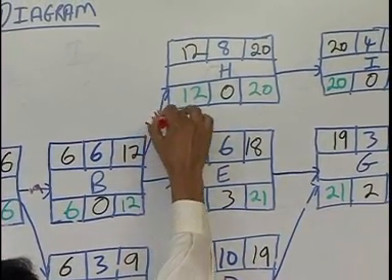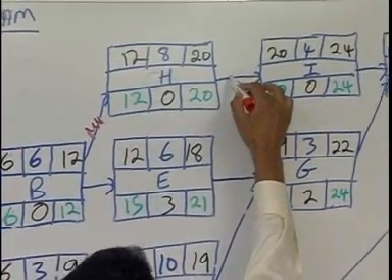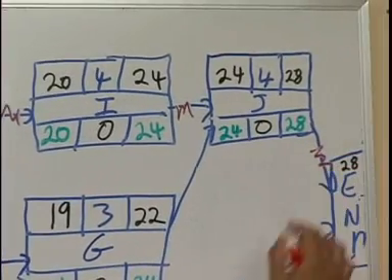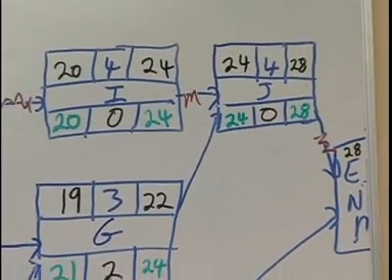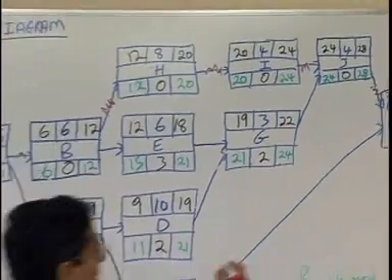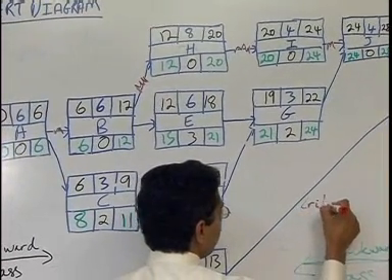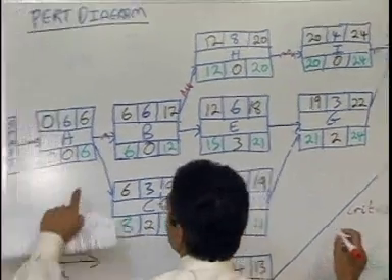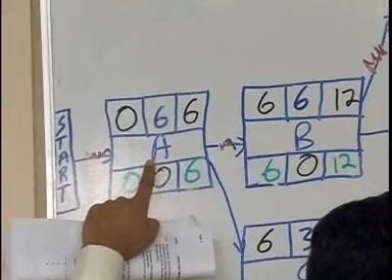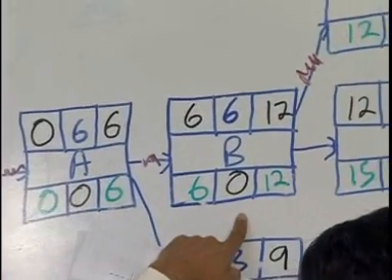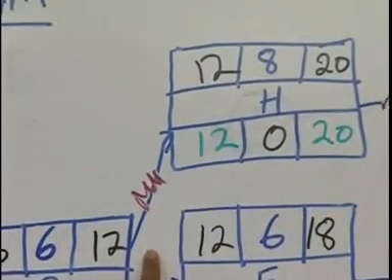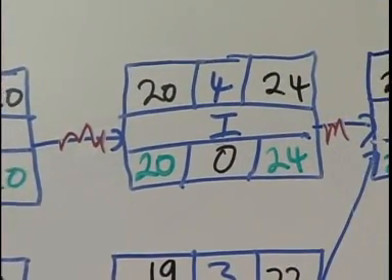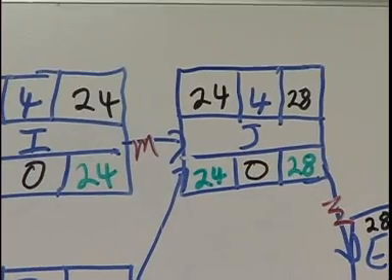H. From H now, H goes straight into I, goes straight into J, goes straight into N. So in this case, let me write it here, our critical path is A, B, H, I, J. That's our critical path.